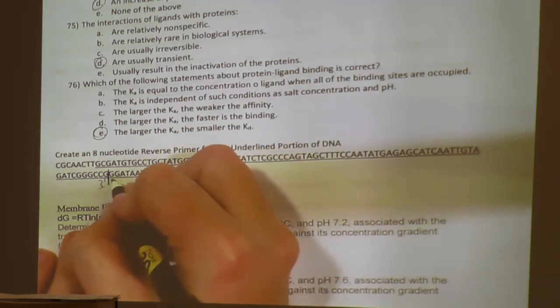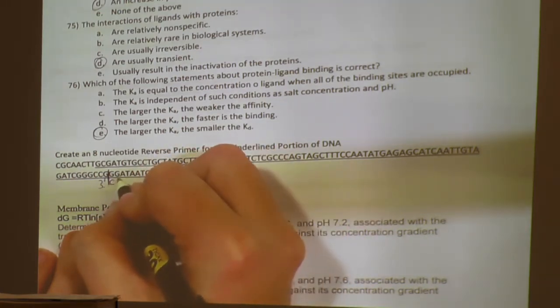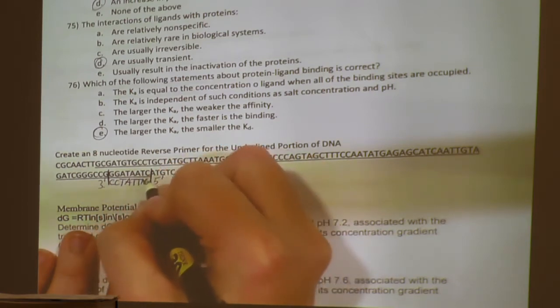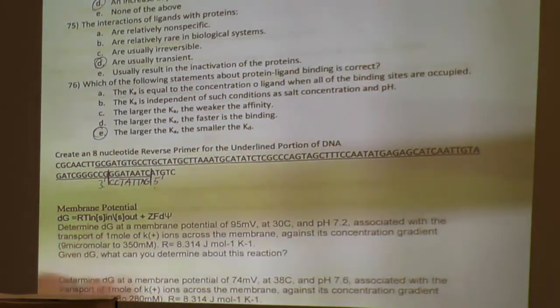I can't really hear you guys, so from the 3' end, it's going to be C, C, T, A, T, T, A, G. Everybody get that? Okay. So that's pretty simple.